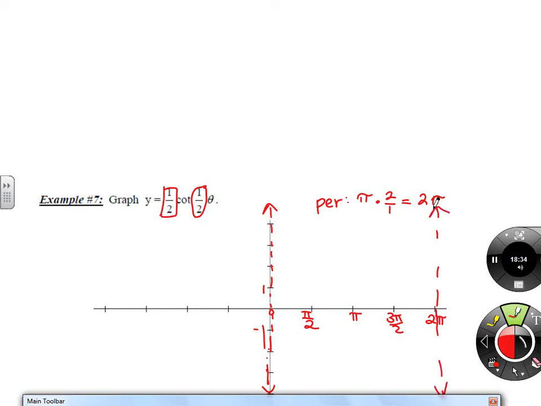There's my asymptotes. So normally my cotangent function goes like this. The only change I'm making is a compression of 1/2 vertically. So this point that is a middle or a point that would be on the midline of the function is going to stay there. And the other points around it are going to be compressed by 1/2. So instead of being 1 unit away, these points will be 1/2 a unit away. Okay. And so then this will be my graph.